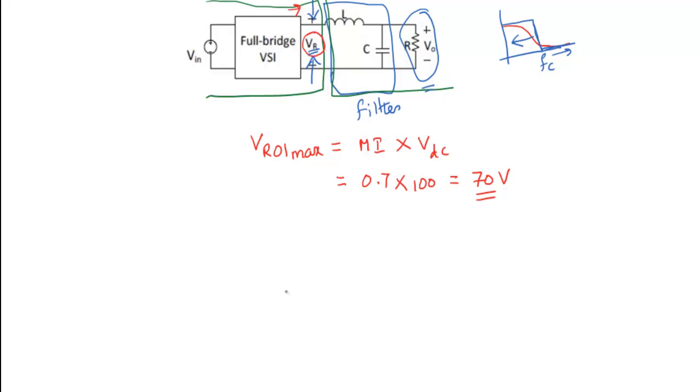So that means V0, that is the required output voltage after the filter, 1 max. That is the output voltage. That is nothing but the voltage division formula.